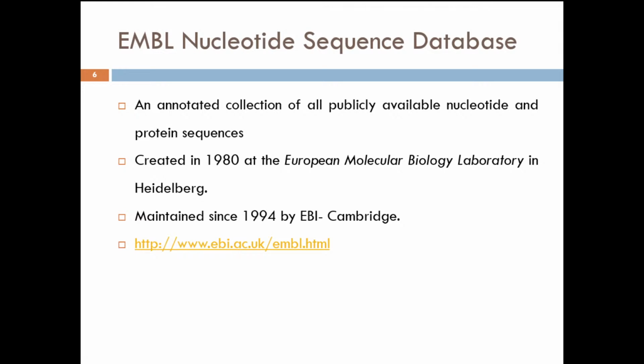Whatever extra things you can put after analysis, that is known as annotation. So the EMBL is an annotated collection of all publicly available nucleotide sequences, available along with their annotation.